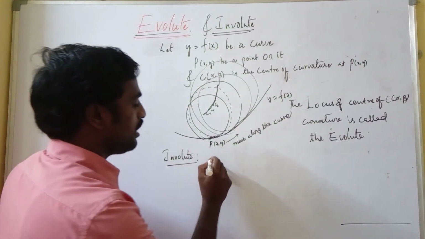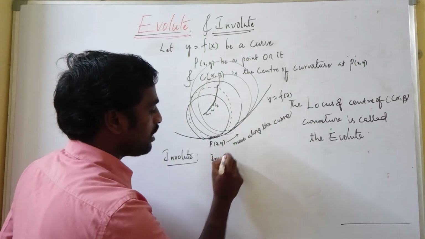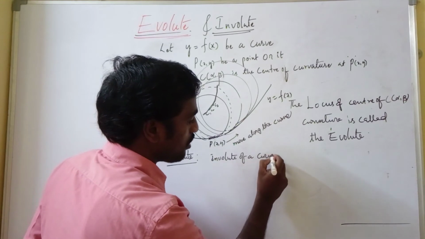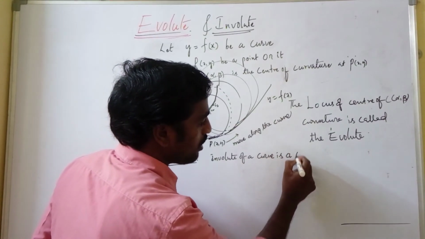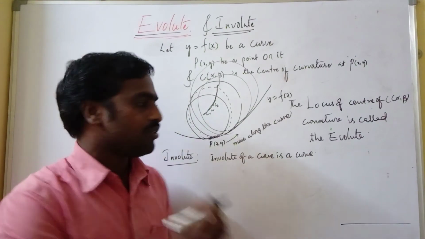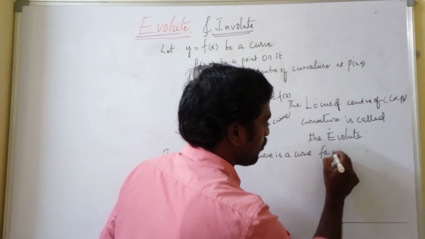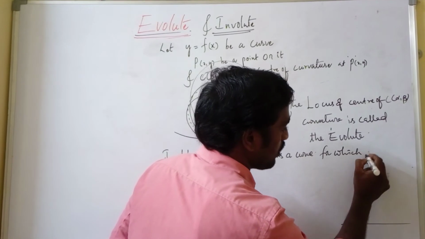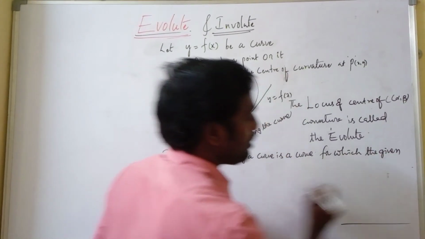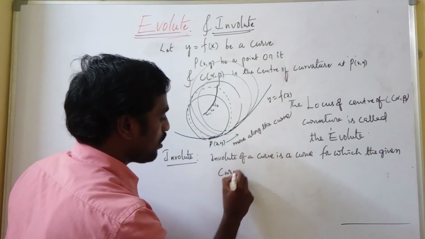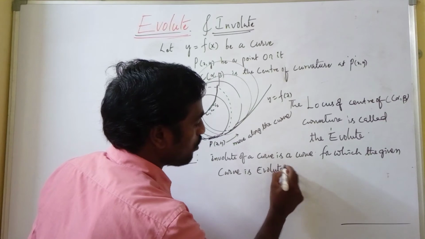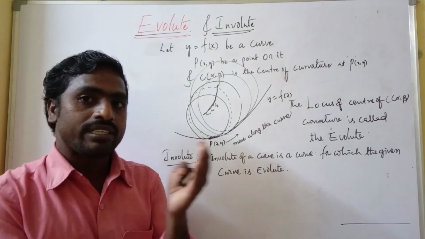Involute of a curve is a curve for which the given curve is the evolute.